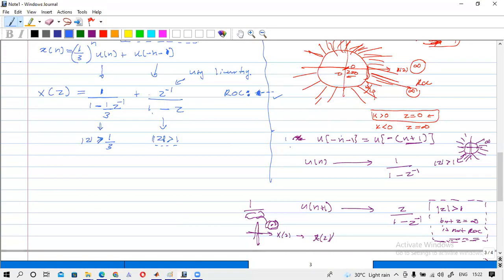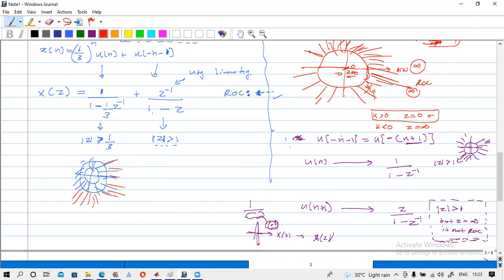you know that for this one, z is greater than 1/3, so this area. And for this one, z is greater than 1, so this area. So what is the intersection actually?